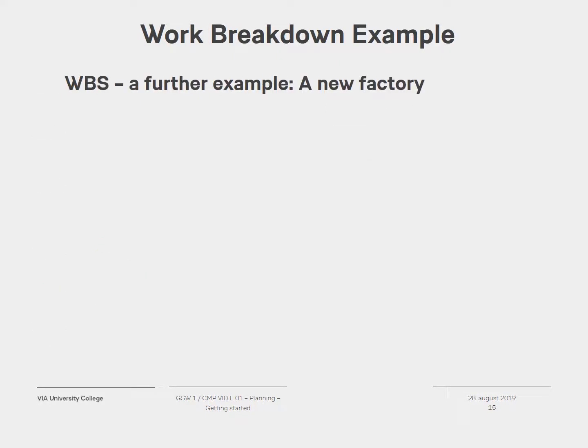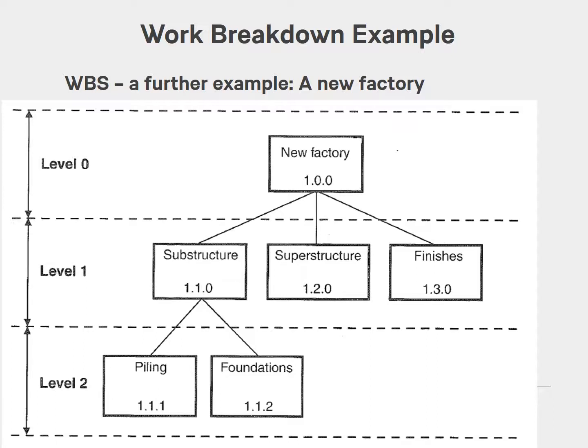Another example of a work breakdown structure is a new factory, a larger project. Here it's a division with level 0 being the new factory, 1.00. You have the numbering, and the logic behind the numbering is that in level 1 you have substructure, superstructure, and finishes, each with unique identification numbers.